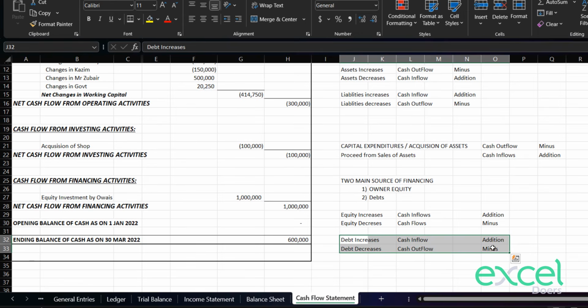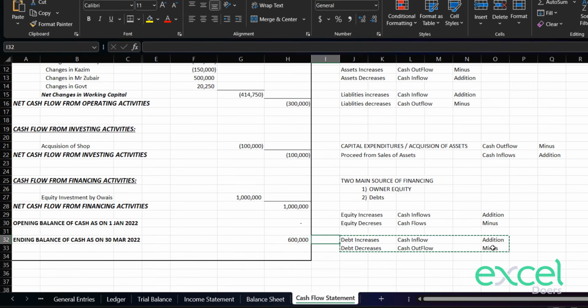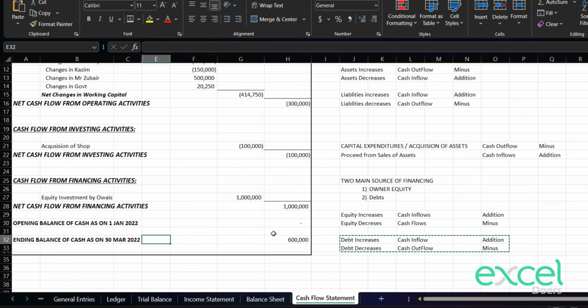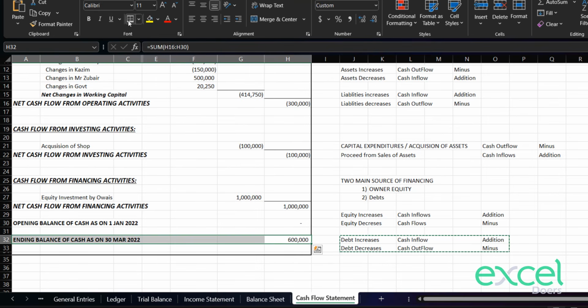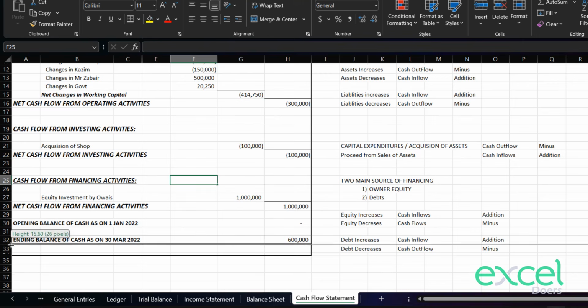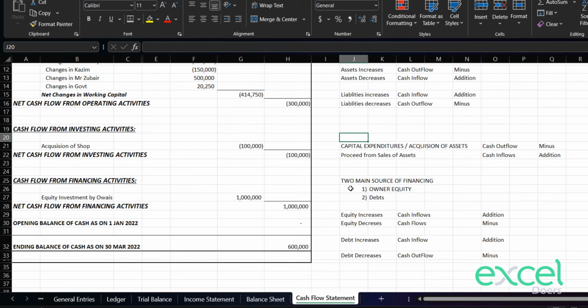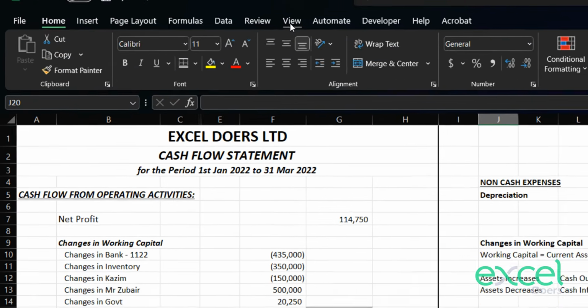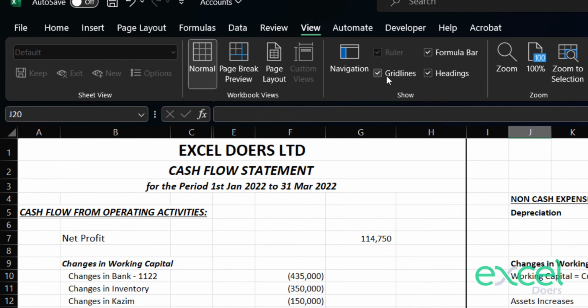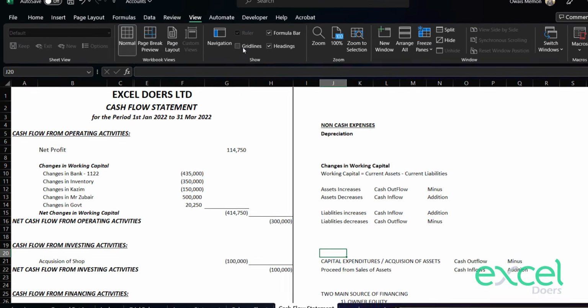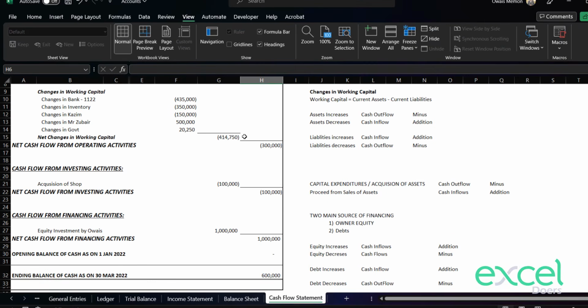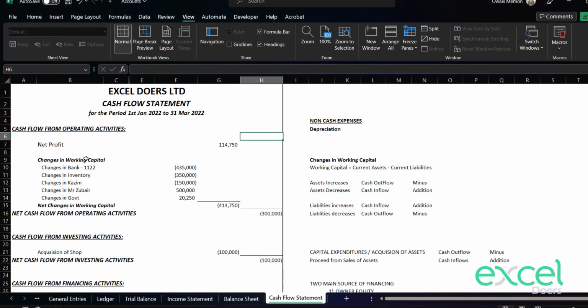I can now adjust the last line to make it more beautiful. I can just go here and apply a double line here, right? And just go on the view and unhide the grid lines to make it more beautiful, right?